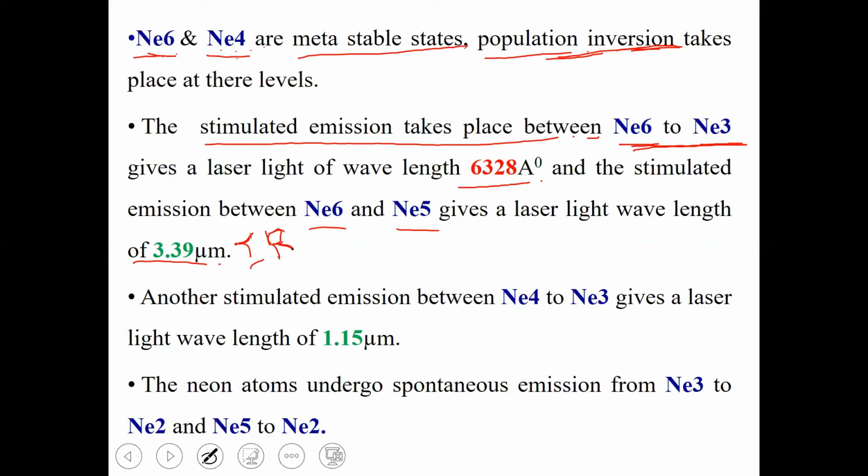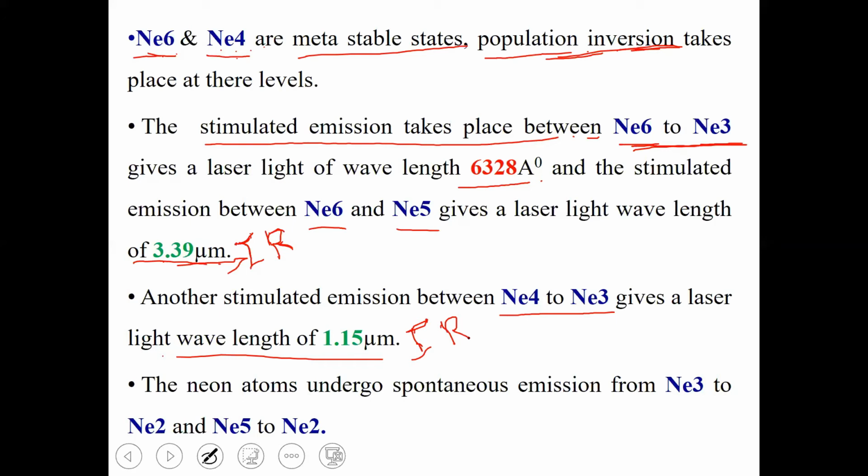One more transition, Ne4 to Ne3, also gives infrared radiation, that is 1.15 micrometers. This is also IR radiation.